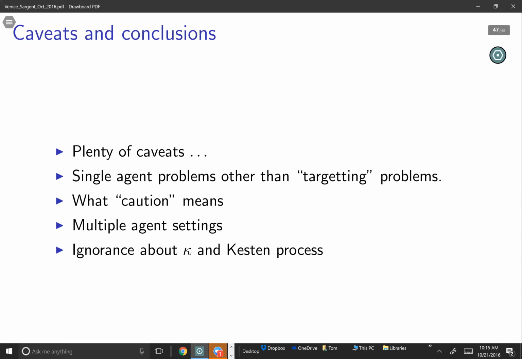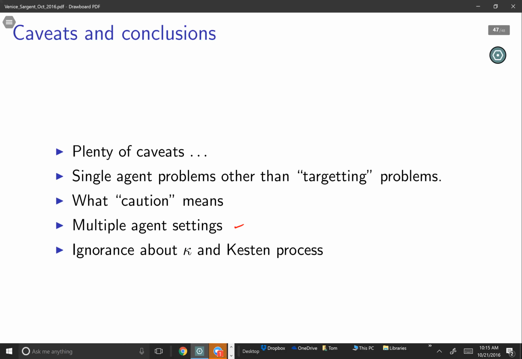So another thing is multiple agent settings. In this setting, there's a kind of civil war within the soul of the decision maker, because he divides himself into a maximizing and a probability-choosing minimizing agent in order to study robustness.